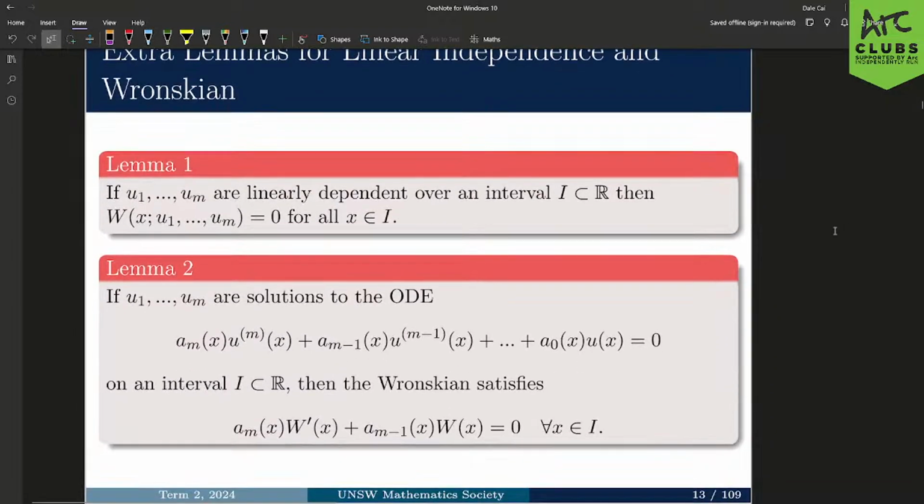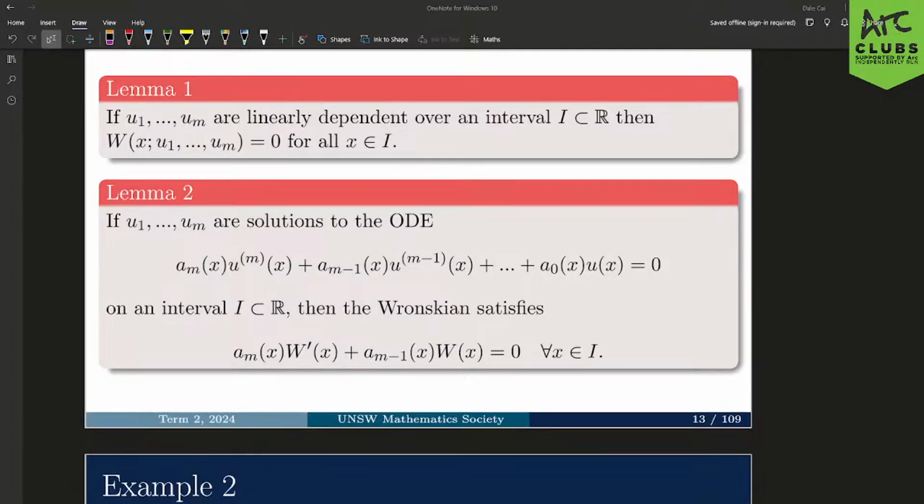Okay, some extra lemmas. First lemma is, if these are linearly dependent over the interval, then the sorry, just had some issues there.